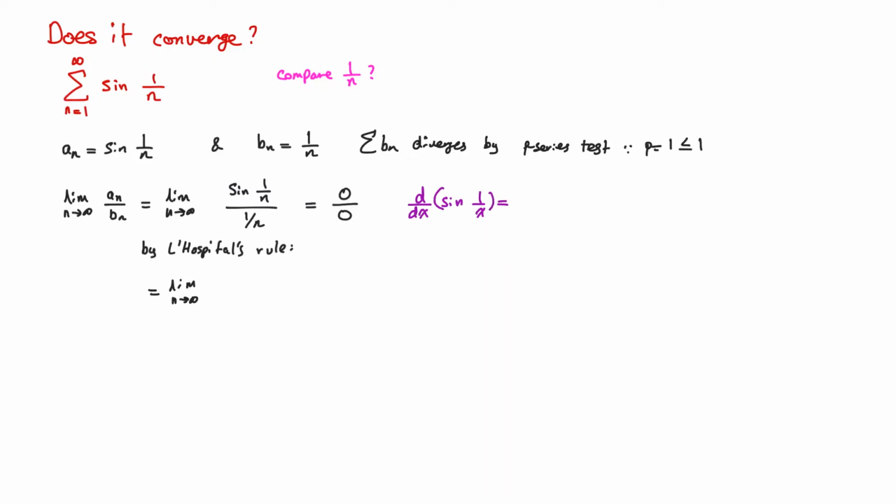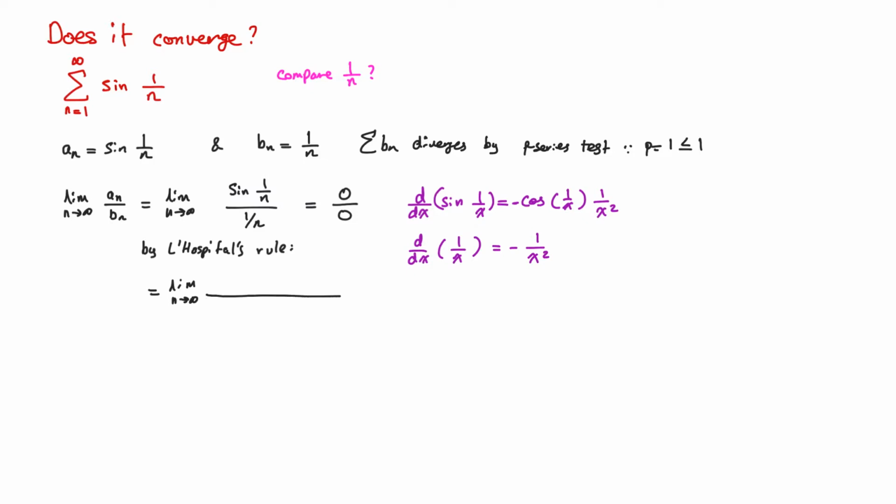The derivative of sine is cosine, and the derivative of the inside, 1 over x, is negative 1 over x squared. And for the denominator, the derivative of 1 over x is equal to negative 1 over x squared.